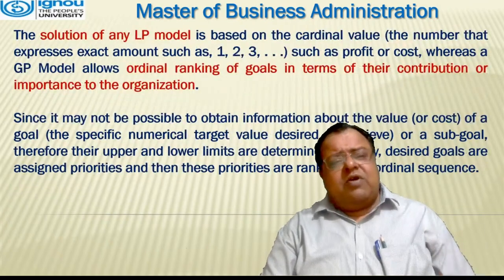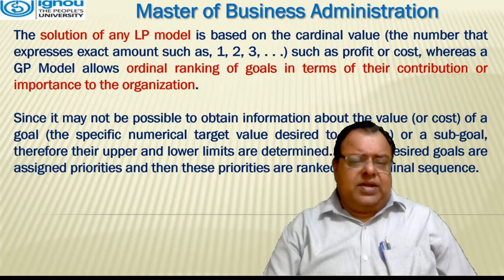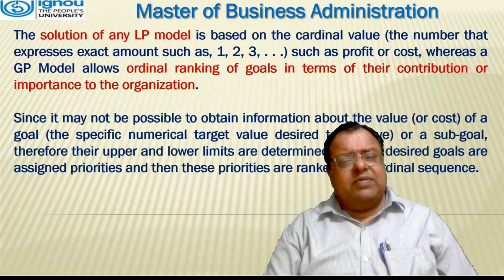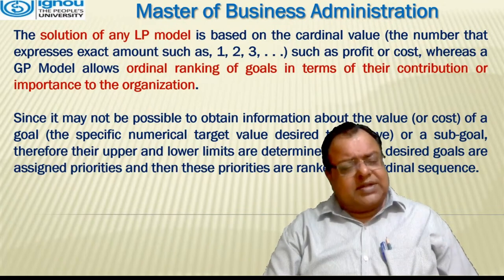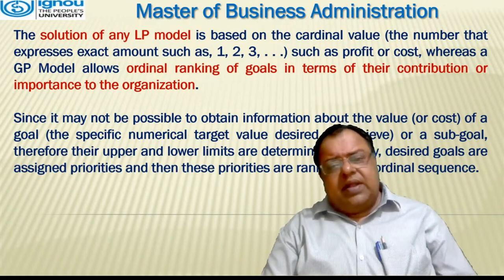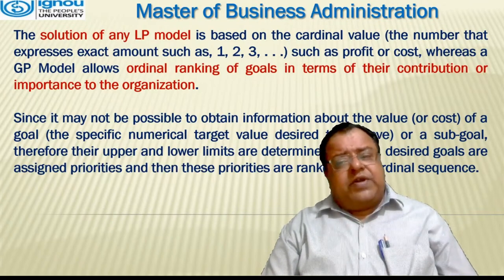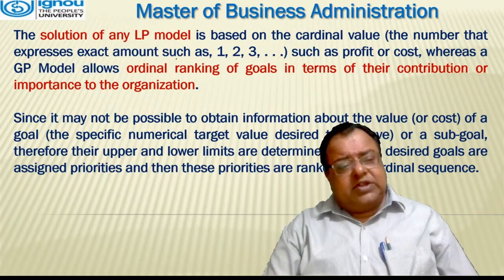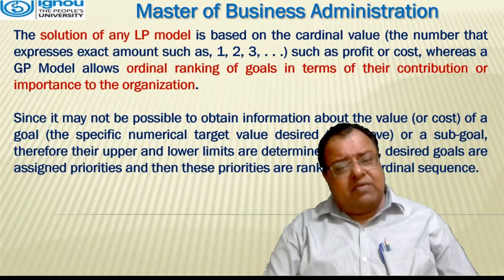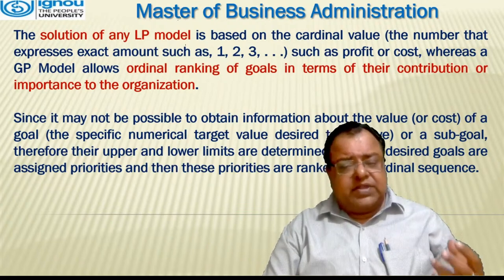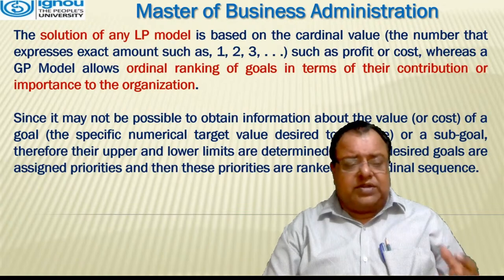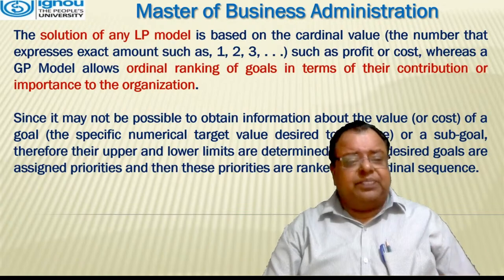The solution of any linear programming model is based on cardinal values, numbers that express exact quantities such as 1, 2, 3, such as profit or cost, whereas a goal programming model allows ordinal ranking of goals in terms of their contribution or importance to the organization.